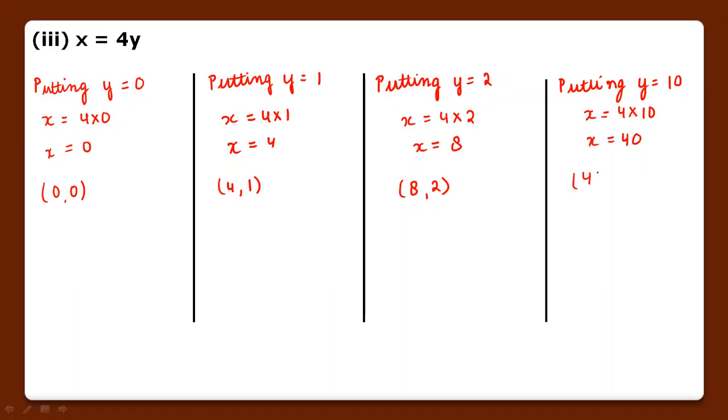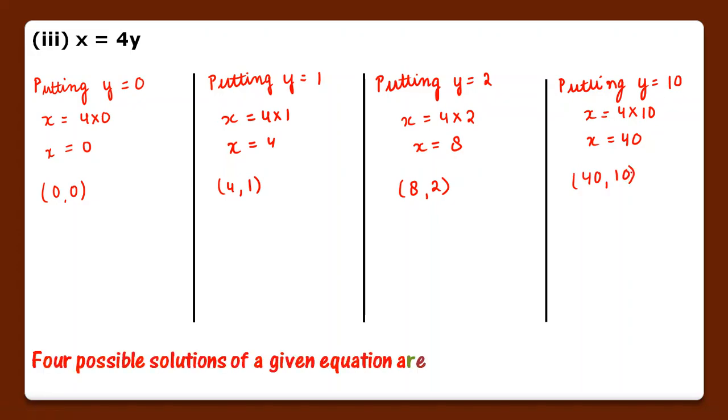So our fourth solution is 40, 10. So four possible solutions of the given equation are 0, 0, then 4, 1, then 8, 2, and last 40, 10.